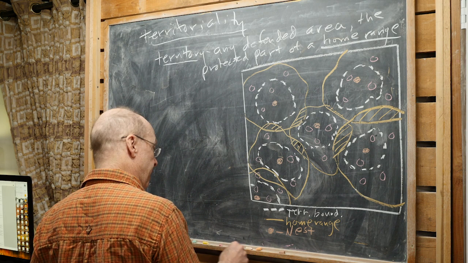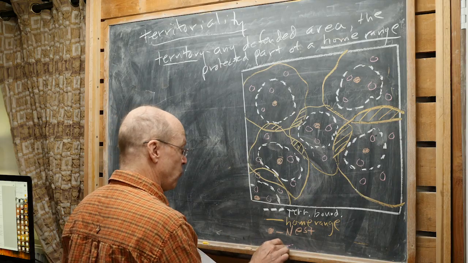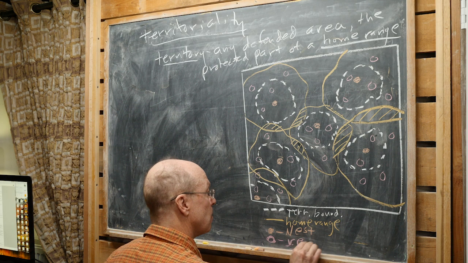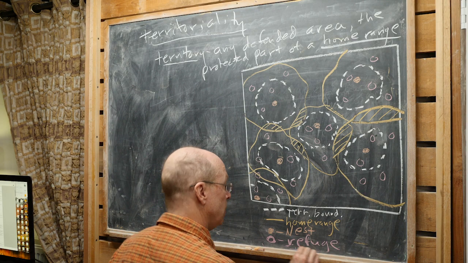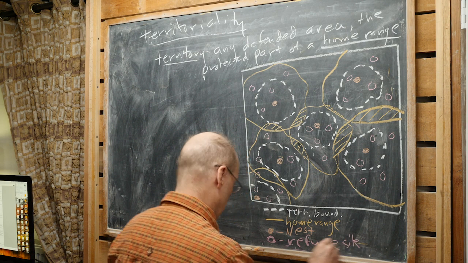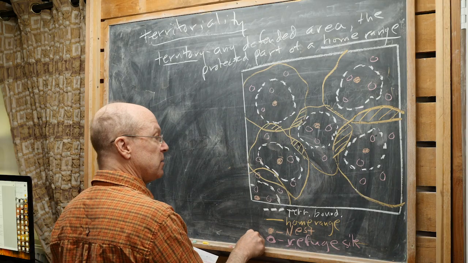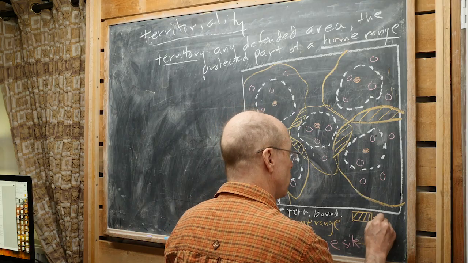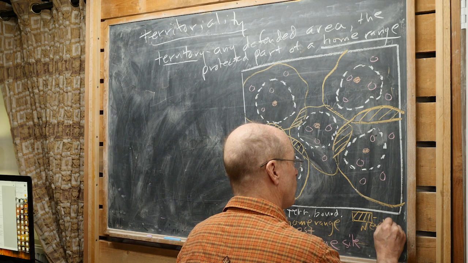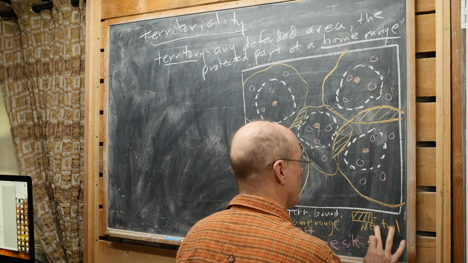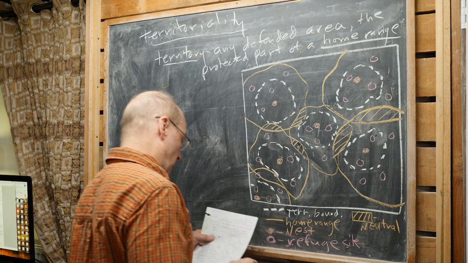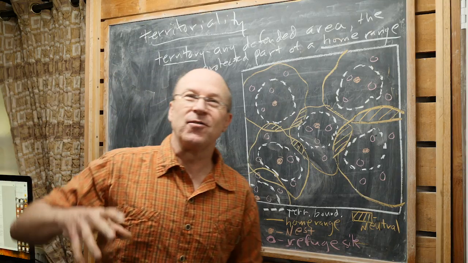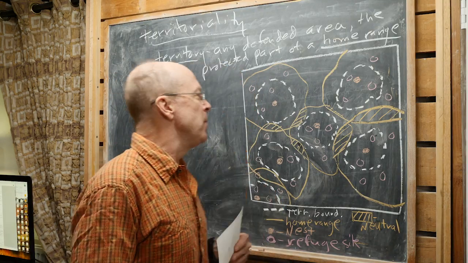And my open circle in red is refuge site. And let's do this little area here. If you ever see this part, it's a neutral area. Okay, I think I've got it. So there's a nice little map of Territoriality 101.